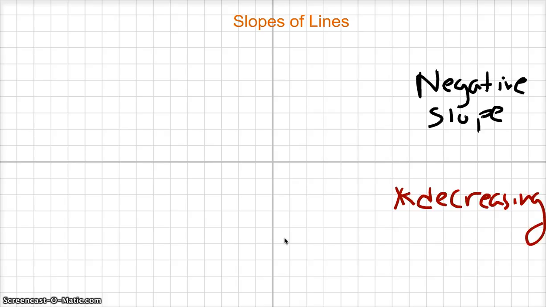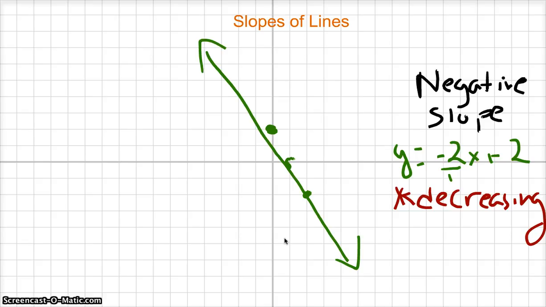The equation we're going to do is y equals negative 2x plus 2. So we go to the y-axis and make a dot at 2. Since our slope is negative 2 over 1, we will go down 2, to the right 1. Down 2, to the right 1. Remember I said make me 3 points. And it should look something like that.